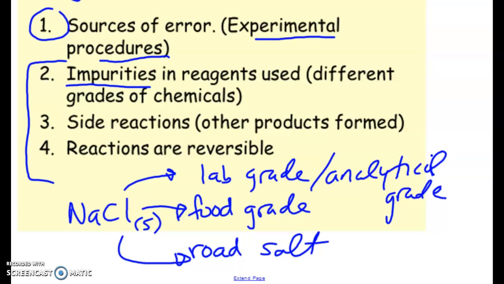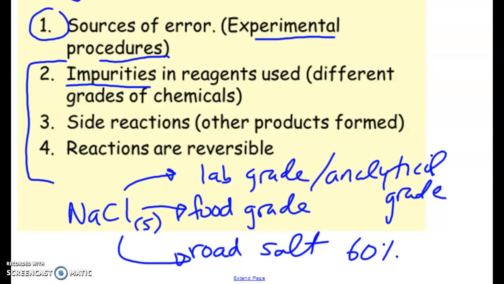Okay, so it's not great. You're looking at about a 60% purity level. Just to compare, that means 40% is other things. So it could be sand, it could be other types of salts, etc. Okay, so now let's check out food grade.